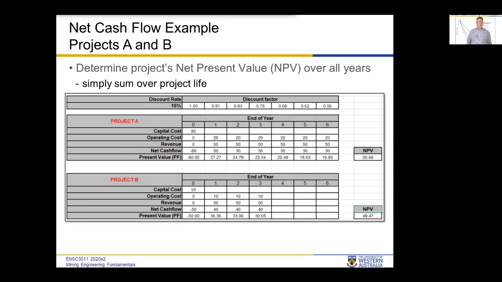So if you add those, minus 80 plus 27 plus 24, and so on, net present value of, what's that, 50? Net present value of 49. So you might have thought initially, project B is much better because we have to spend less. But in actual fact, net present value is slightly higher for project A.